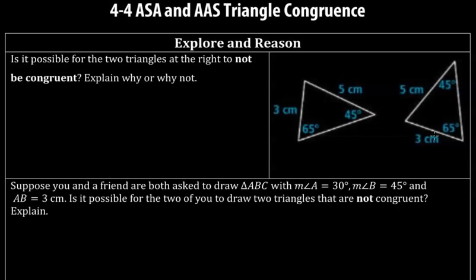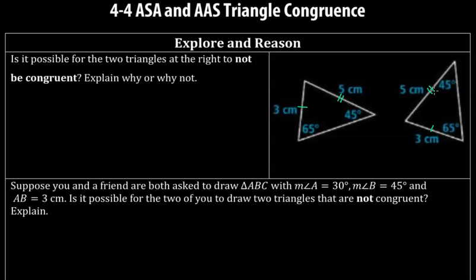So I'd look at this and I'd ask myself, is it possible that one of the 6 measurements on this triangle over here on the left is different than one of the 6 measurements over here that it should match up to? And we'll notice that 4 of those measurements are the same, right? A side of 3 centimeters, a side of 3 centimeters. So we know that that side and that side are congruent. We have a side of 5 centimeters and a side of 5 centimeters.